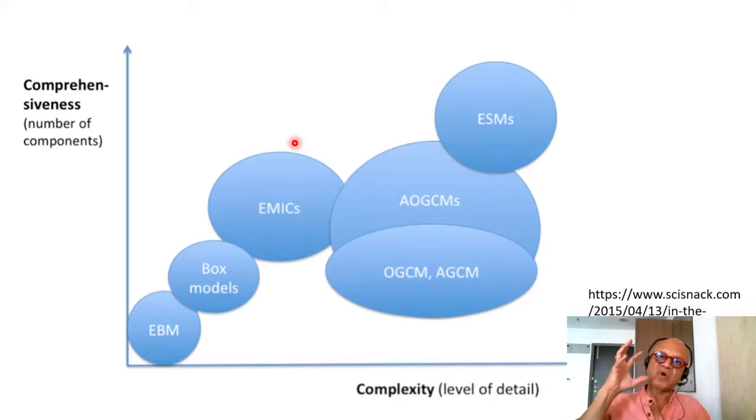So the Earth system models themselves can be very comprehensive. So up here the comprehensiveness and complexity goes up in Earth system models. We will see a schematic of that.